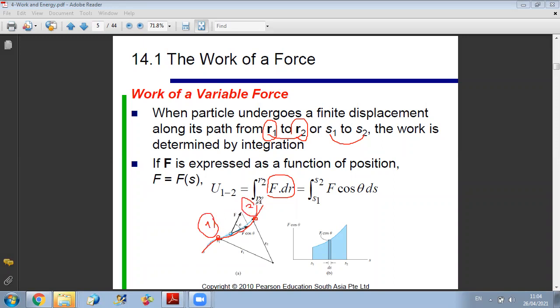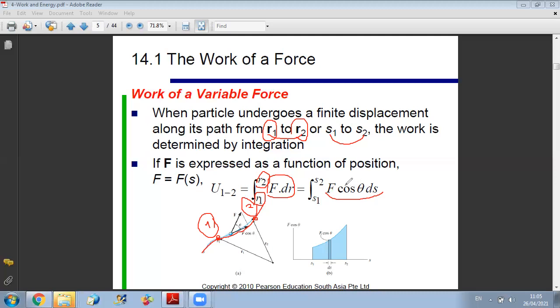And then you can say that from the work definition, which is dU equals F dot dr, I can integrate over the position vector from r1 to r2 of F dot dr. And now, if I do the dot product here, I can replace F dot dr by F cosine theta ds. And then I will integrate from curvilinear position s1 to curvilinear position s2 of F cosine theta ds.